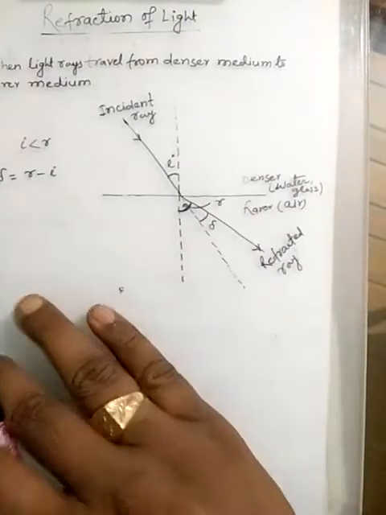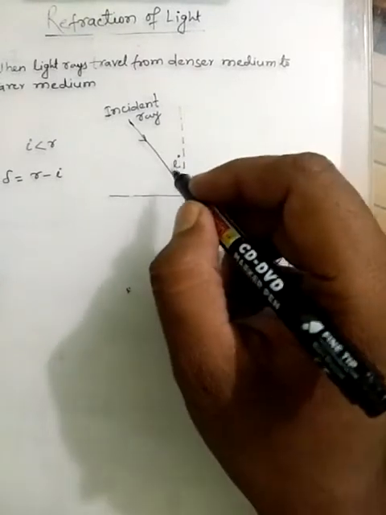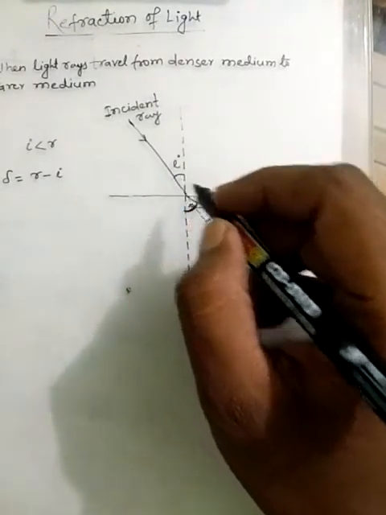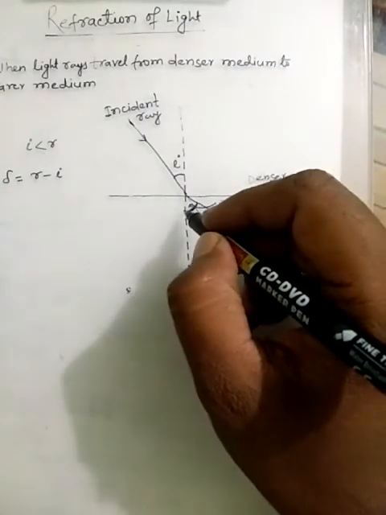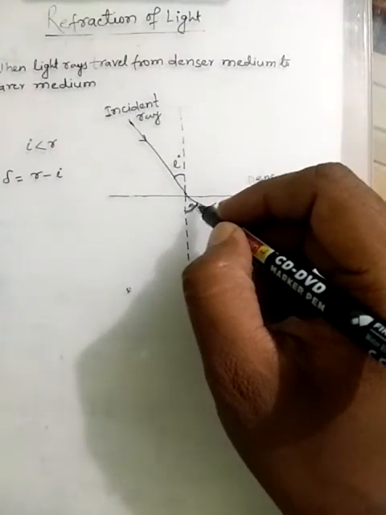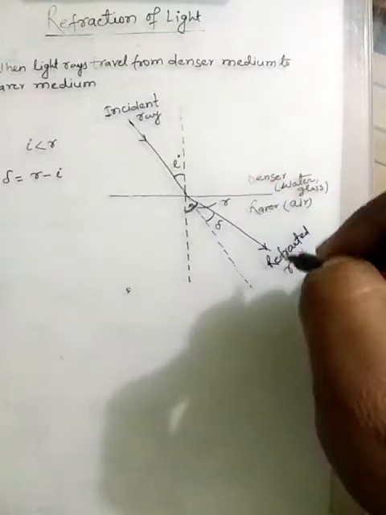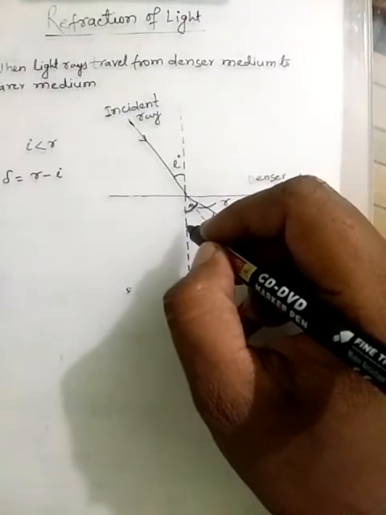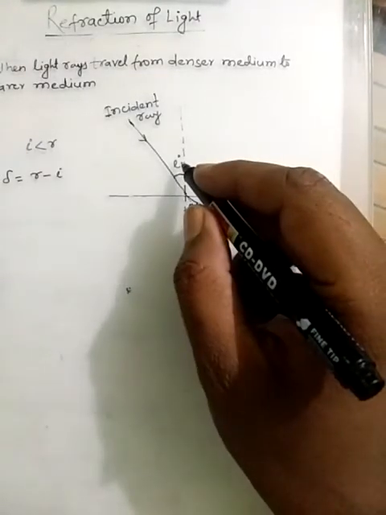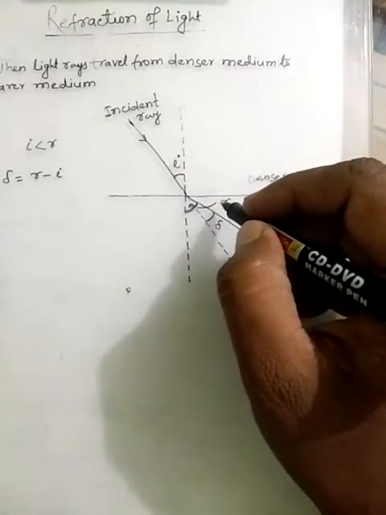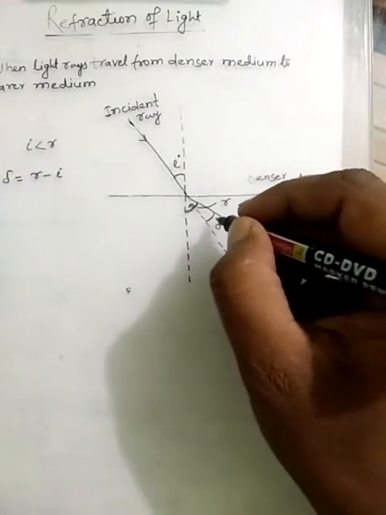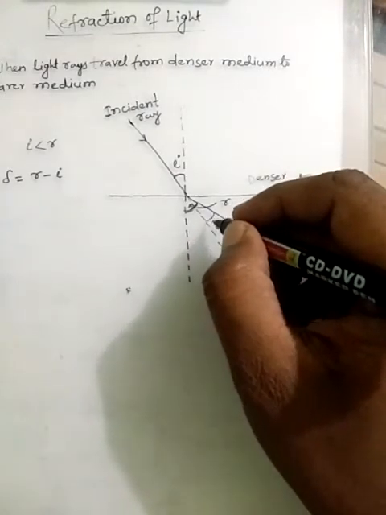In this condition, the angle of incidence is lesser than the angle of refraction. Here R is the angle of refraction, it is the angle of the refracted ray from the normal, and this is the incident angle. Here R is greater than I, and this is the deviation.